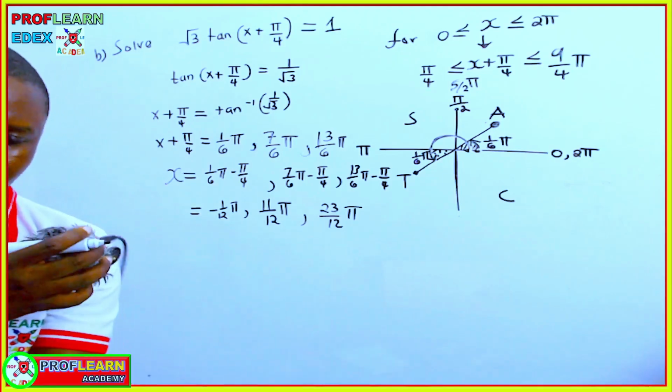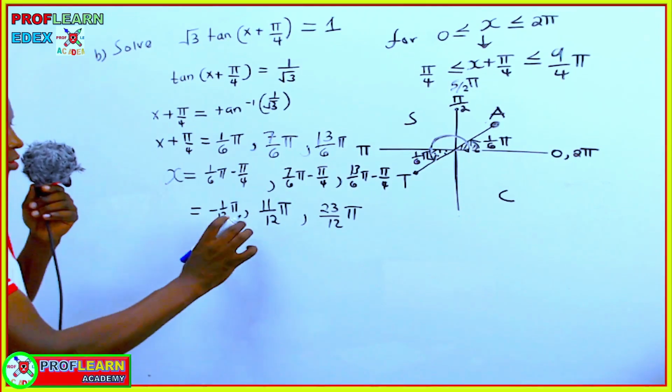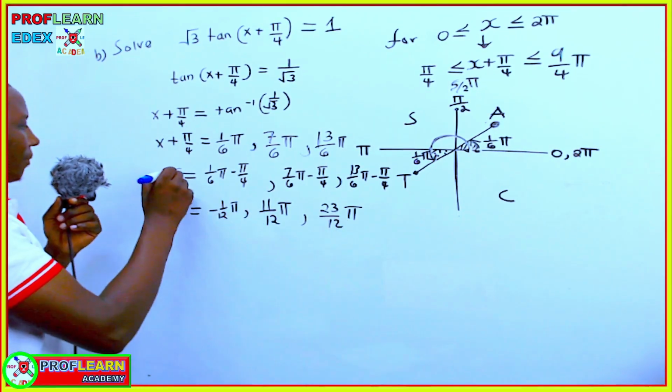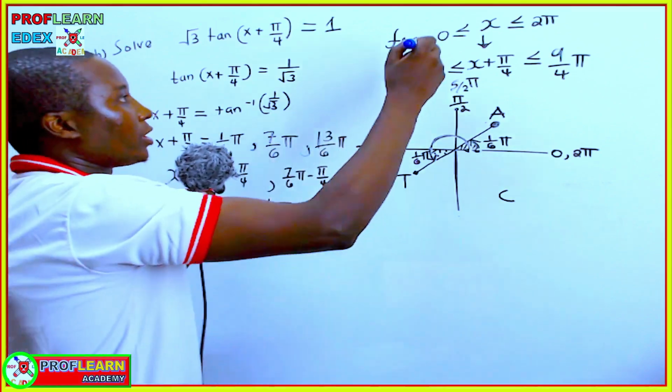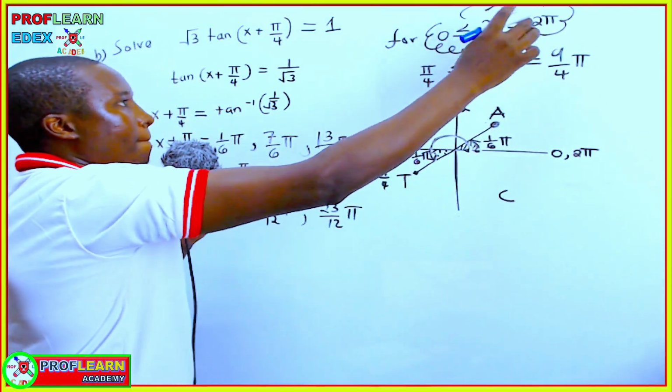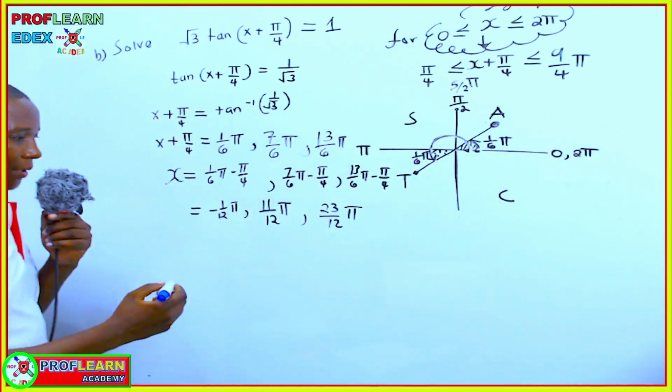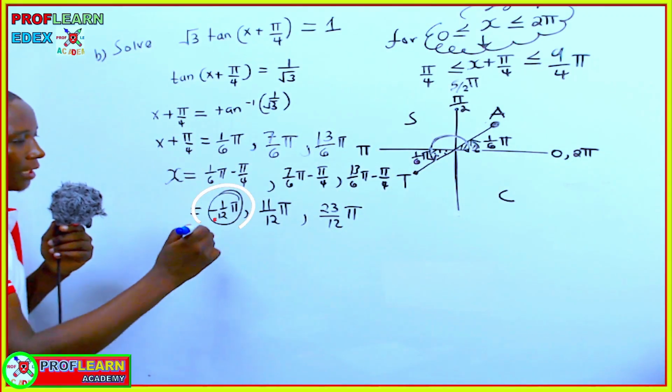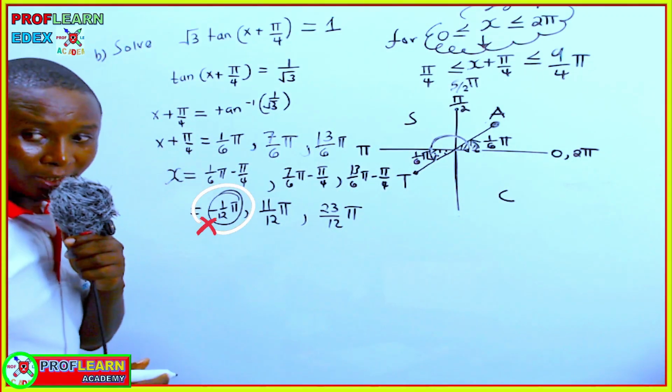Now, if I'm finding x, I want to ensure that my x is going to be between 0 and 2 pi. Therefore, the negative value I'm having here is out of the range.